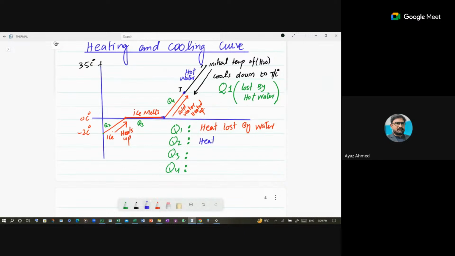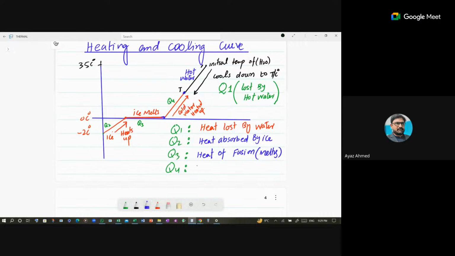Heat absorbed by ice for heating. Q3, heat for melting. Yeah, heat of fusion, you can say. I mean, melting of ice.